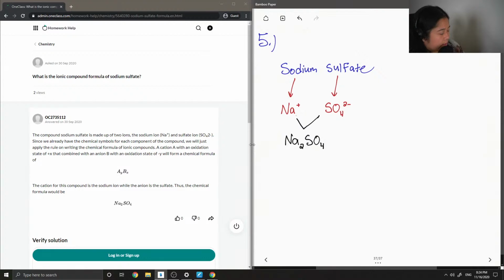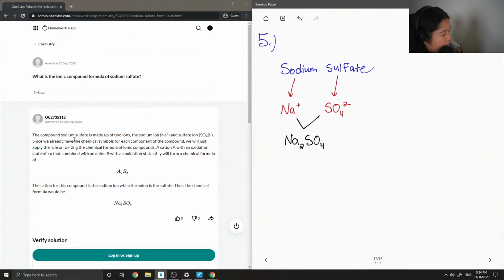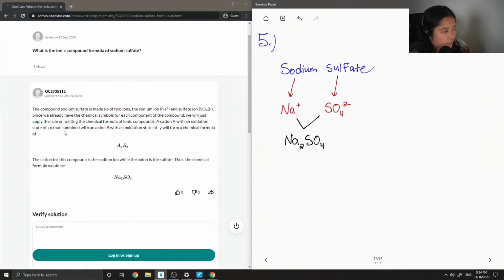Okay, so let's see what the junior tutor said. The compound sodium sulfate is made up of 2 ions, the sodium ion Na+, and the sulfate ion SO4 2-. Since we already have the chemical symbols for each component of the compound, we will just apply the rule on writing the chemical formula of ionic compounds.